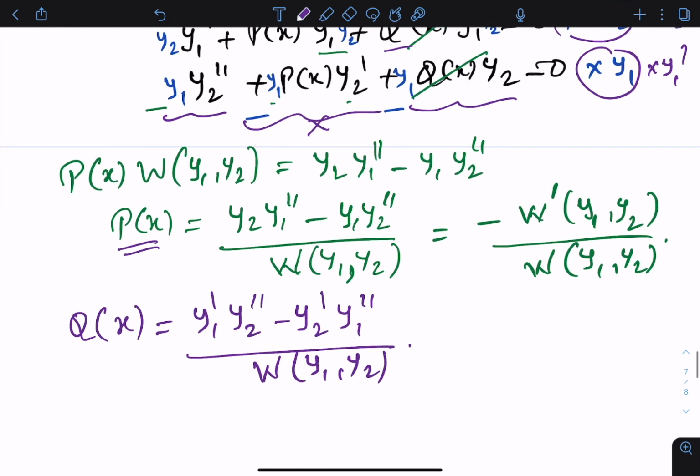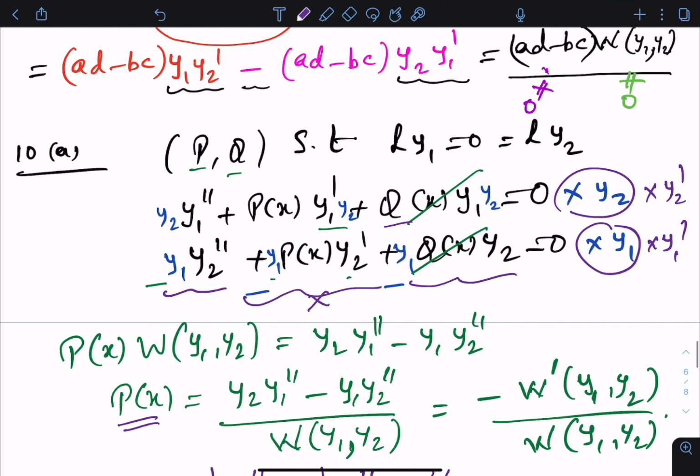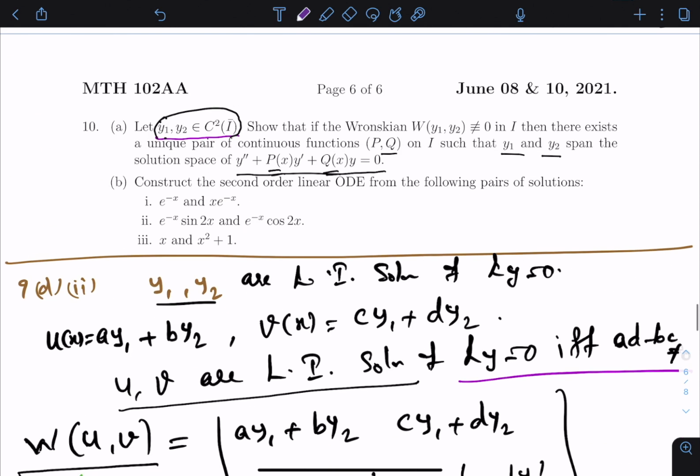The other way is that you can also write it in terms of this Wronskian. Both are fine. Okay, so we have found p and q, and if you use this p and q in this operator L, then the given y1 and y2 will be solutions to that, because that is how we derived it. So that's 10a.